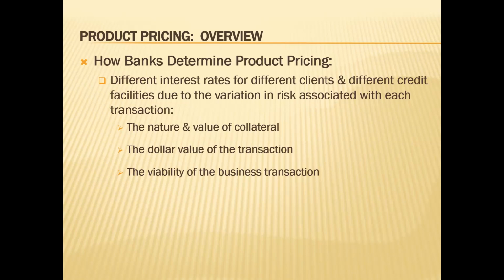And also whether or not it falls within the outlined purposes for which you may lend. Okay, so some financial institutions are limited in terms of the purpose for which they can lend.